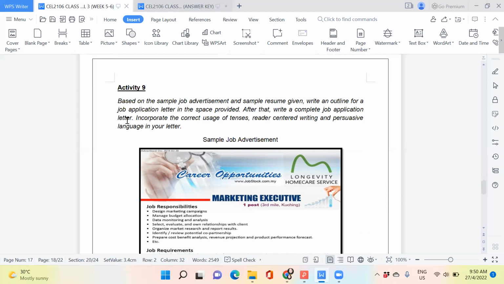Okay, so this one also is an exercise to better prepare you for your own job application writing task. So when you do this, make sure to incorporate the correct usage of tenses, and then reader-centered writing technique, as well as persuasive language.